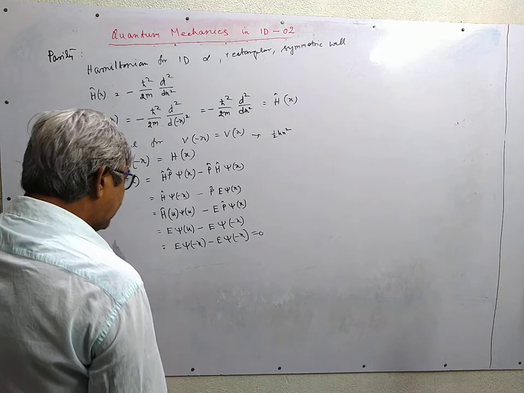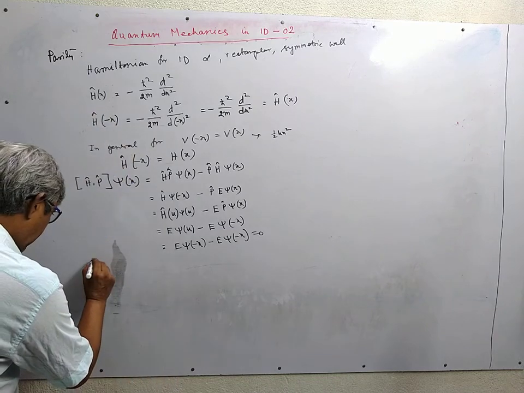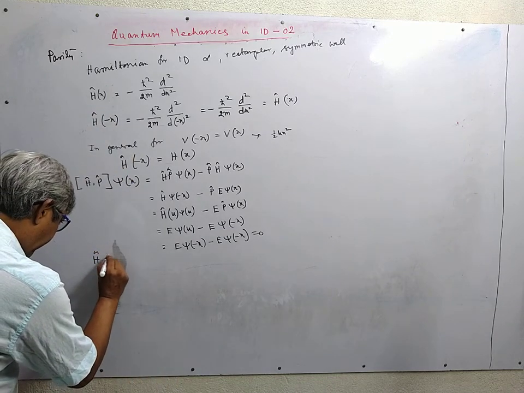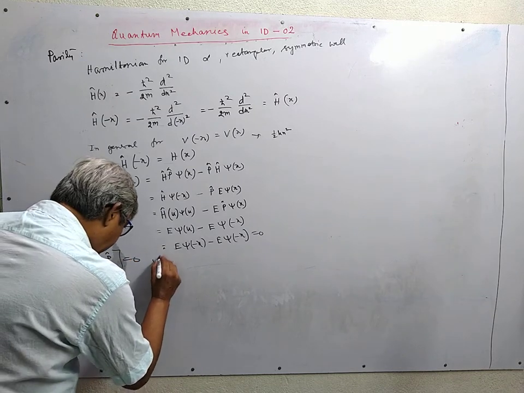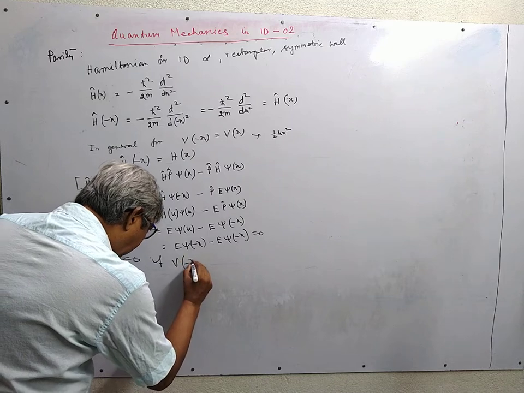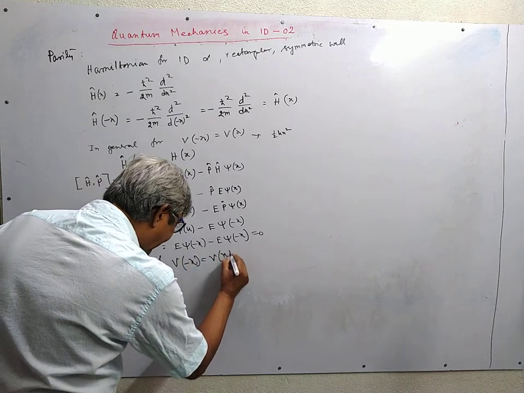The conclusion is H and P commute if V of minus x is equal to V of x.